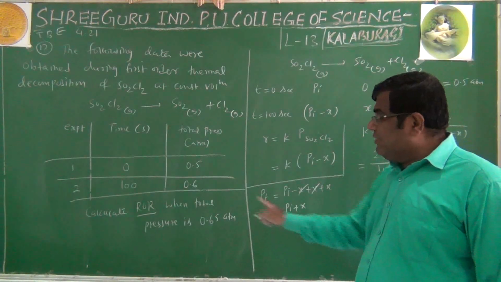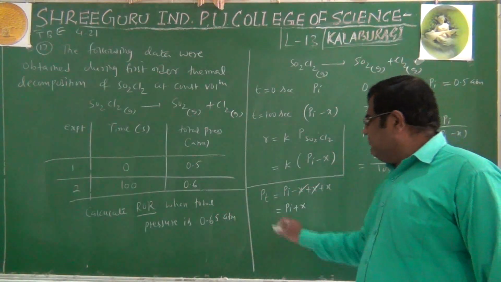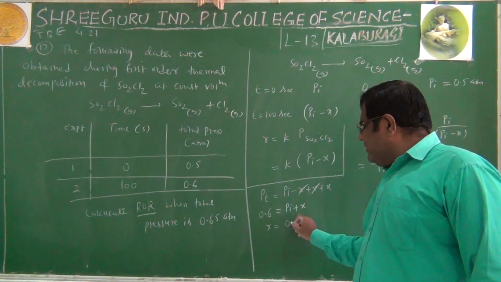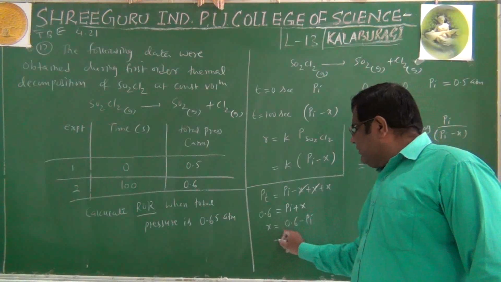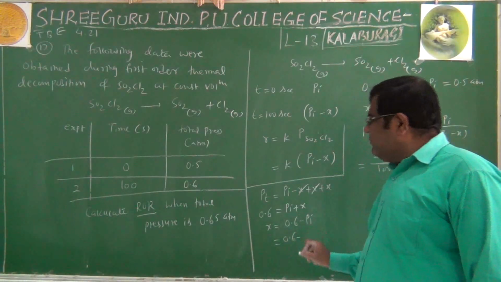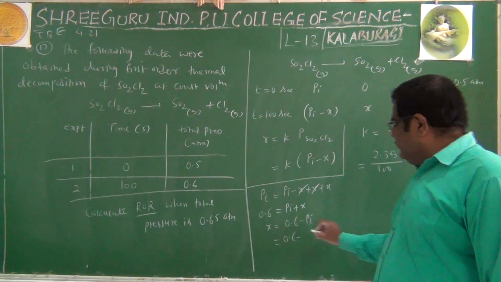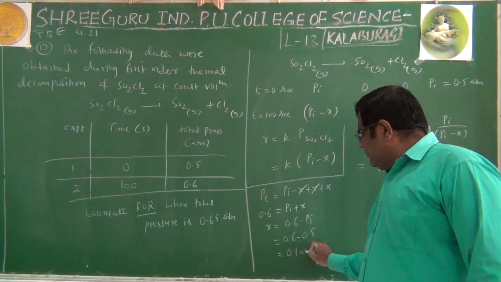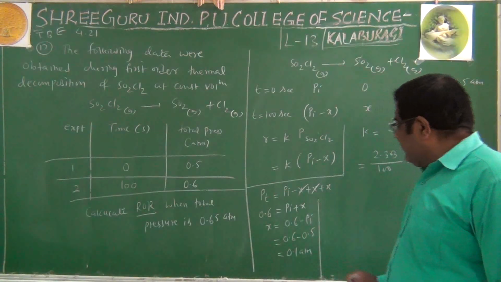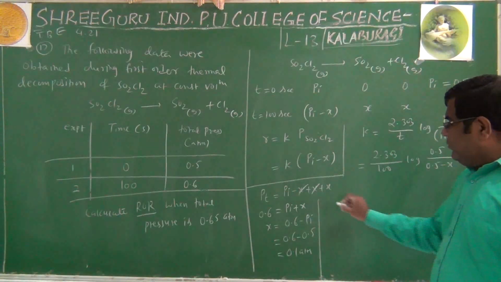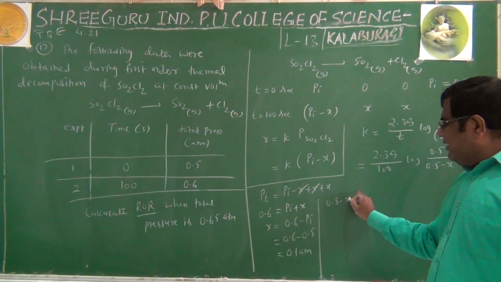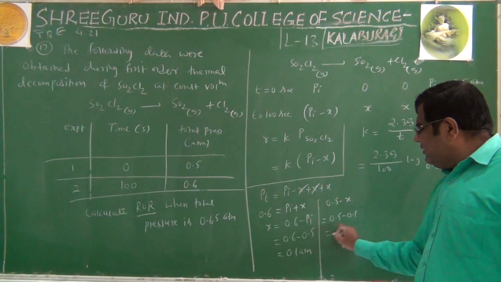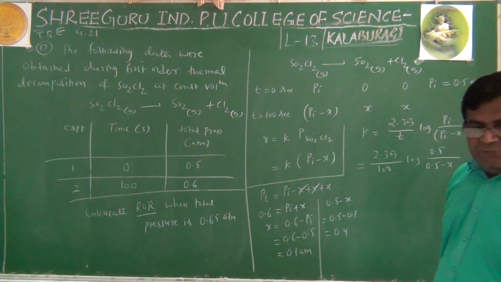Pt, the total pressure after 100 seconds, is 0.6 here. So x is equal to 0.6 minus Pi, and the initial pressure is 0.5, so x is equal to 0.1 atm. So what is 0.5 minus x then? It is 0.5 minus 0.1, which is equal to 0.4.